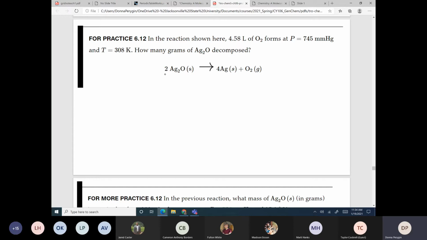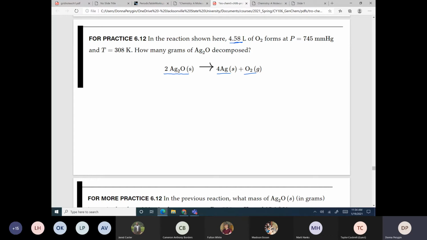Okay, so we've got 2 moles of silver dioxide, okay, gives us 4 moles of silver plus 1 mole of oxygen, okay? So we're evolving 4.58 liters of oxygen, okay? So we want to know how many grams of silver dioxide decomposed, okay?